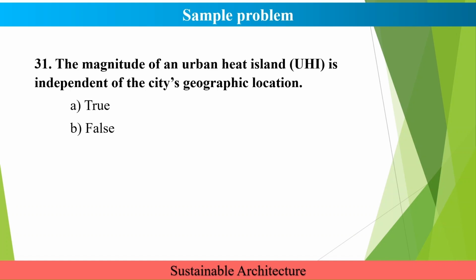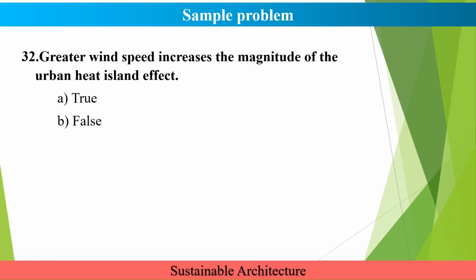If the cities are closer to oceans, rivers, lakes, or are at high elevations, then these urban heat island effects are less pronounced there due to the moderating effect of these features. So false is the right answer for this one. Is it clear to all of you? Yes, sir. Okay, so here is the next question, question number 32 for all of you.